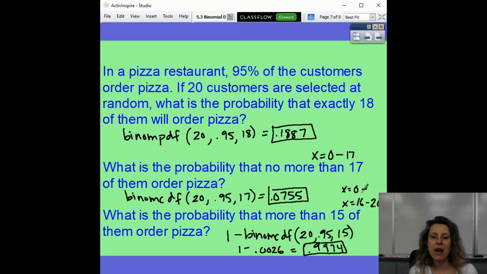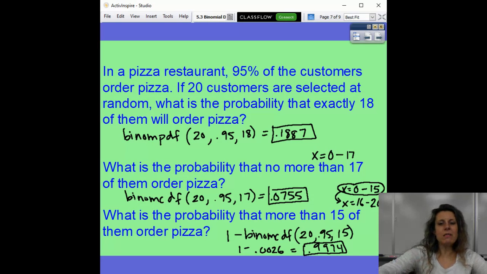So if we think about the outcomes that we do not want to include, if we want 16 through 20, we don't want 0 to 15. So I did a binomial CDF of that, and then I'm using the complement rule to find the probability of the outcomes that I do want. So I took 1 minus a binomial CDF of 20, 0.95, 15, and I got 0.9974.